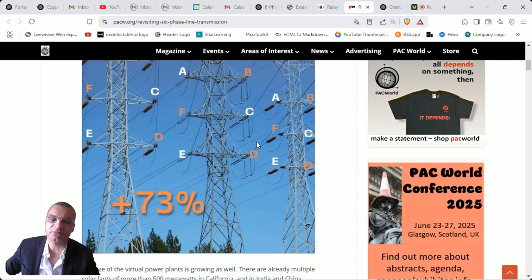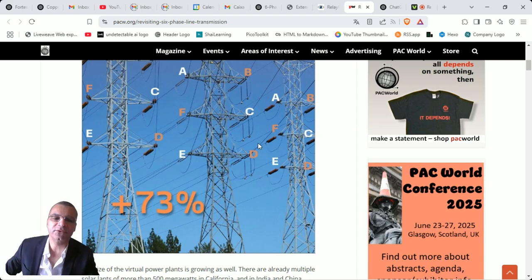Can you imagine, especially with today's rising energy demand, driven largely by AI-powered data centers, achieving this increase through the same corridor without increasing any right of ways? It's an interesting thing to further investigate and stimulate.